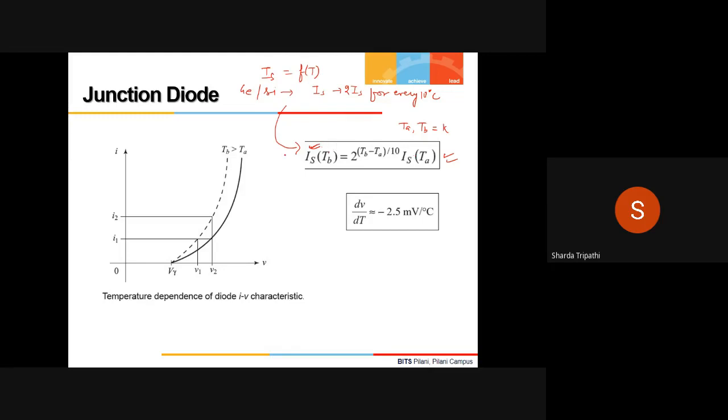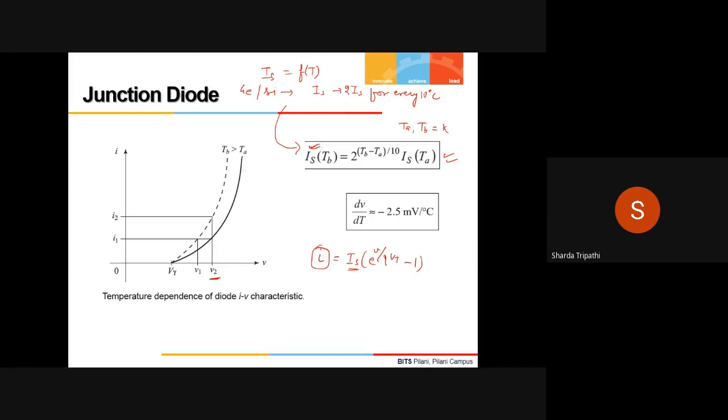But since we know that the forward current is a function of reverse current, e raised to the power of V by eta Vt minus 1, if this changes, this should also change. Right? So let us see over here in this plot, on the x-axis, say at voltage V2, I have the current I1.